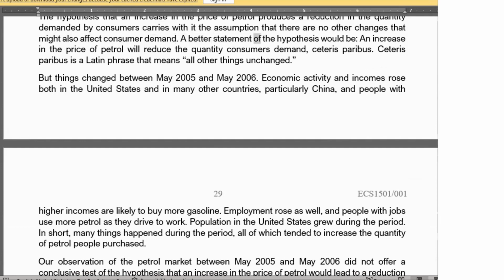A better statement of the hypothesis would be, an increase in the price of petrol will reduce the quantity consumers demand, ceteris paribus. Ceteris paribus is a Latin phrase that means all other things unchanged.